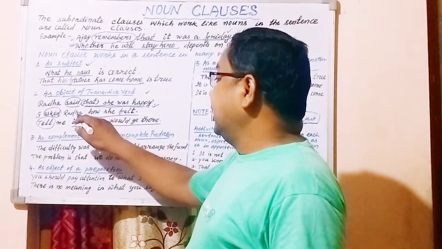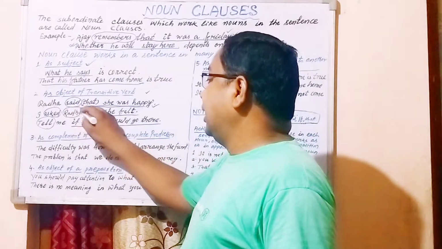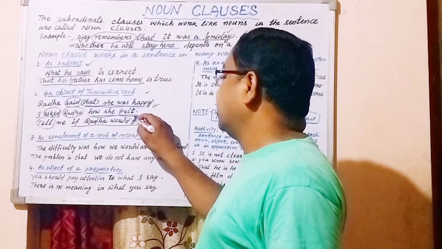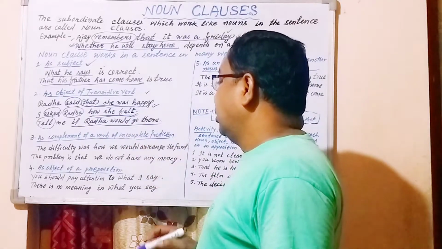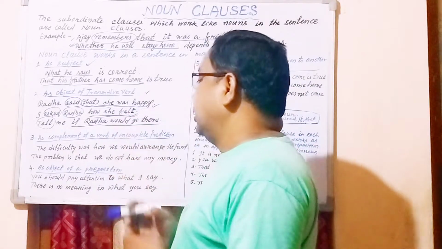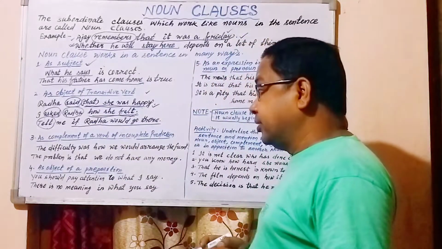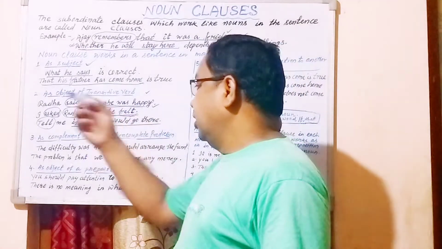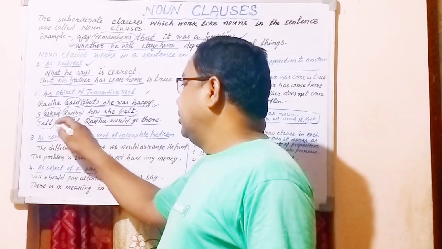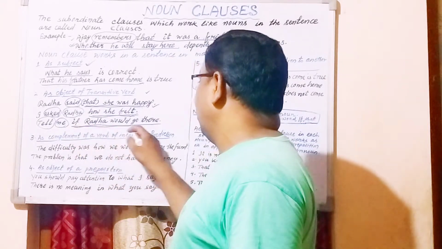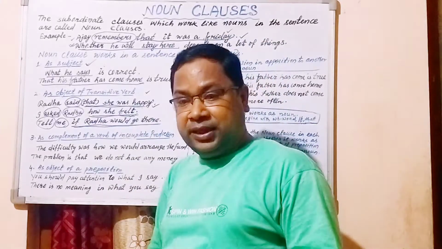What are they? The first one is Radha and the second one is how she felt. This is the clause and it is also treated as an object. Okay, two objects, Radha and how she felt. In the third, me is an object, and if Radha would go there is another object.